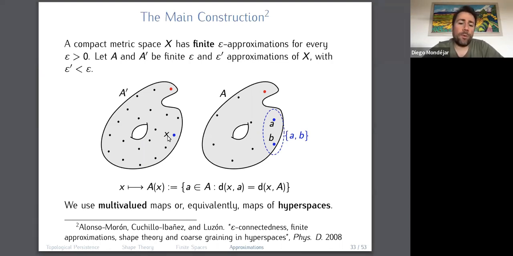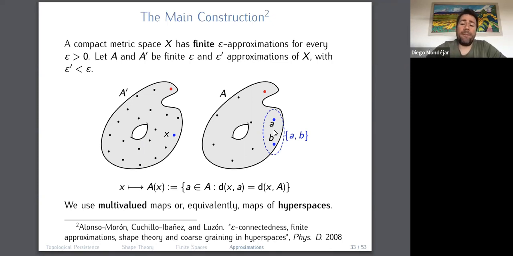So I map every point to the closest point in the approximation. For example, the red point goes to the red point for sure, but for points like X, the blue point, I define the map that goes to the closer point in this approximation.